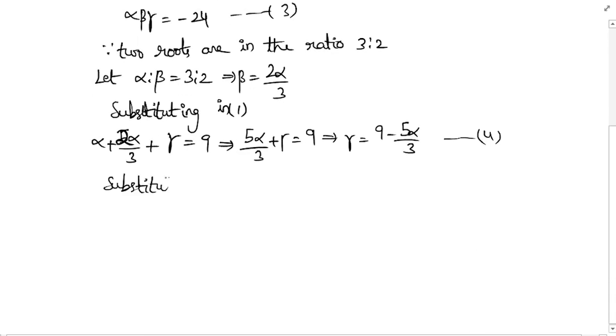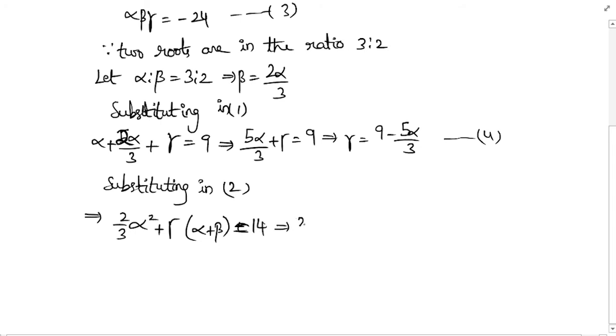Substituting this in equation 2, that implies 2 by 3 alpha square plus gamma into alpha plus beta is equal to 14.